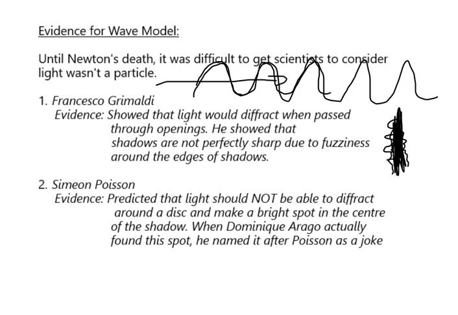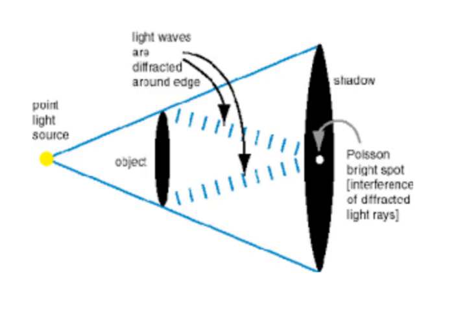Okay. Another guy, Simeon Poisson, this is a funny story here. He predicted that light should not be able to go in these wave patterns around a disk. And so he made a prediction that you should never have a bright spot. Later, another guy found this, and he named it after the first guy to make fun of him. It was like the ultimate throwing shade at somebody. Here's the idea, basically. Okay. The one guy predicted that you would never have this bright spot in the middle. But because we think that light now goes according to waves, waves can actually bend around corners here.